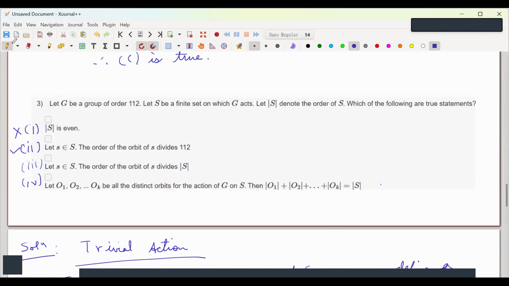What about the third one? This is not true. Can you tell me a counterexample? We have seen one such.